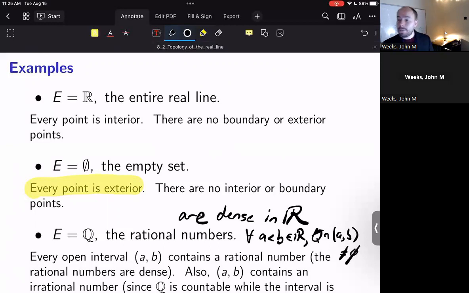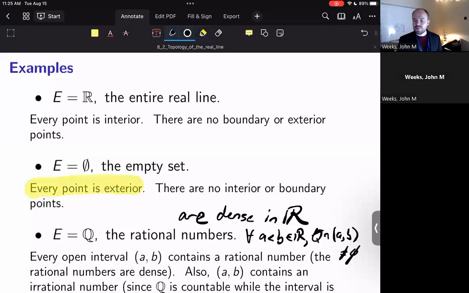That means every open interval, if you look at it, you can find a rational number inside of there. In fact, you could go through and show there's infinitely many rational numbers inside of that open interval, if you would like. So what does this mean for us?